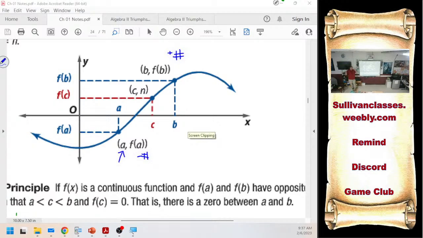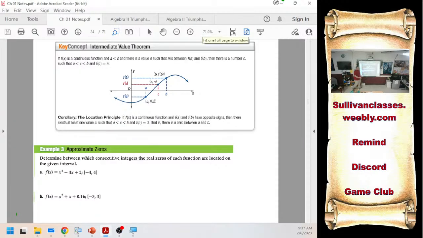It says if I test here and I test here and they're opposite signs, there had to have been a 0 in between. Which is really duh in the 21st century because you're just going to look at your screen and you're going to say, I think it's about there. Right? So we used this in the ancient times to narrow down our possibilities when we remember Descartes' theorem and the law of signs and that kind of stuff to narrow down all my polynomial zero choices.